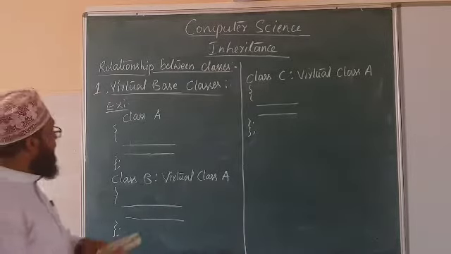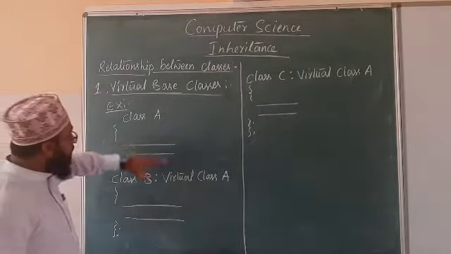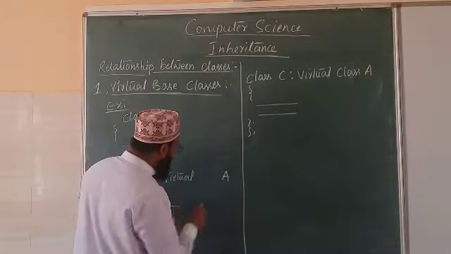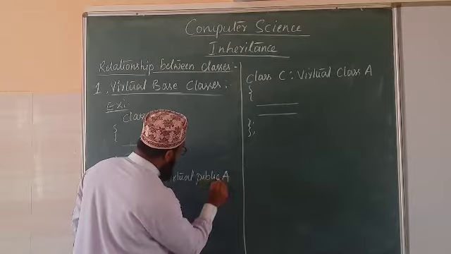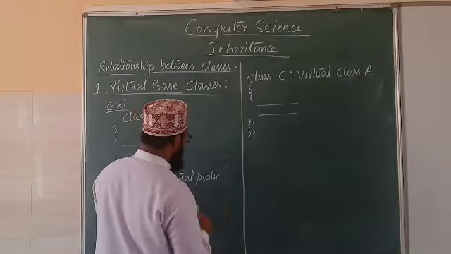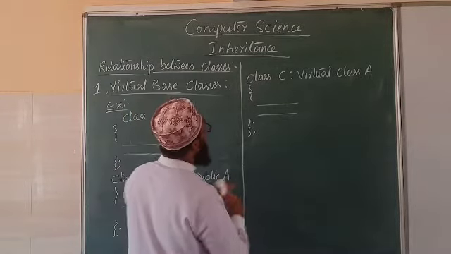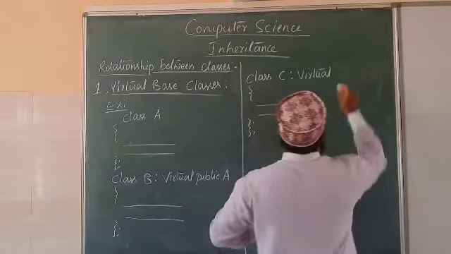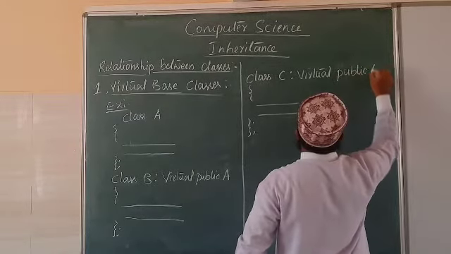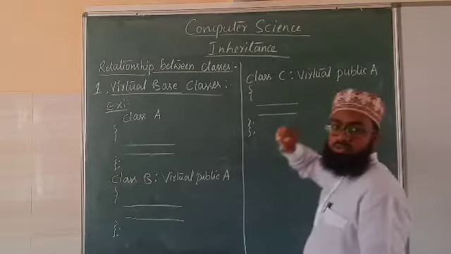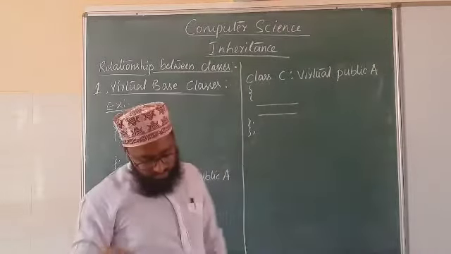Just a minute. Instead of using class here, we can use public, because we are creating public classes. Here, instead of A, we have to write it as public A.